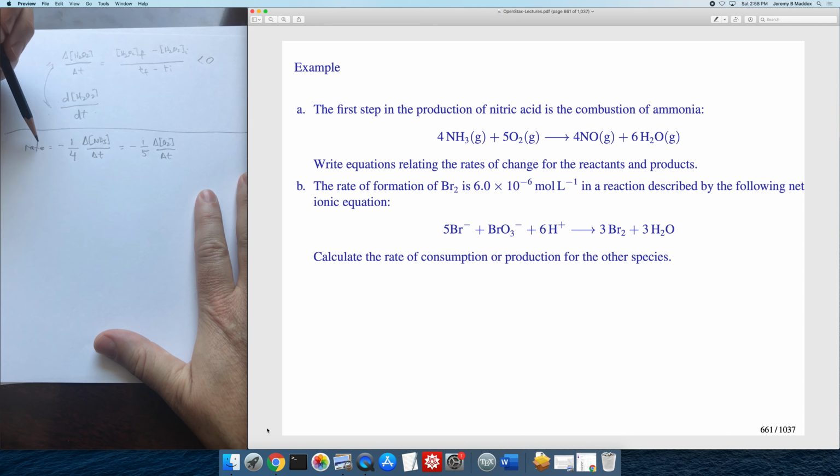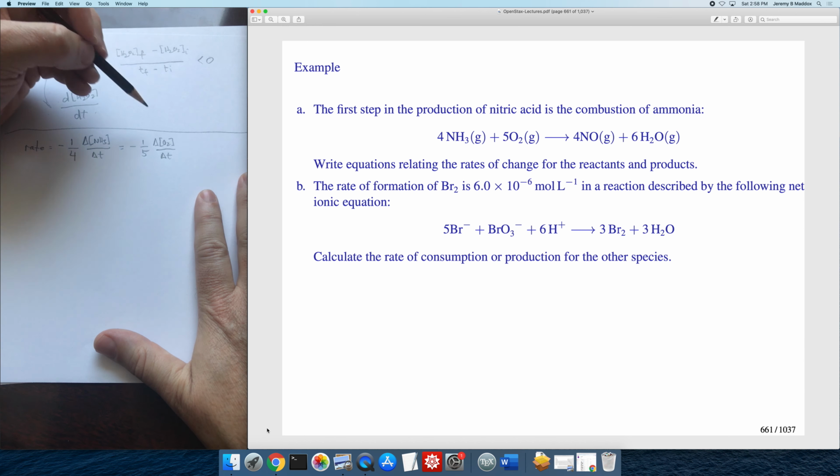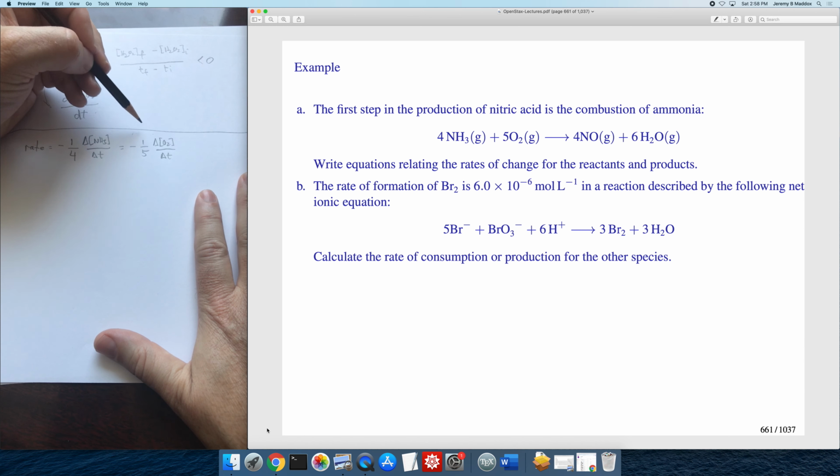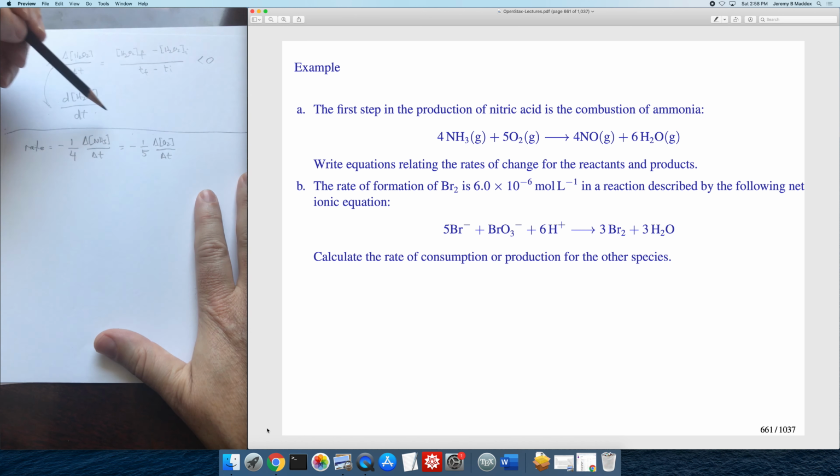So one equation is to say that the rate equals this expression. The second equation would be to say that the rate equals that expression. And then the third equation that's hiding in here is that this expression equals that one. So this is a very compact way of writing 3 equations.